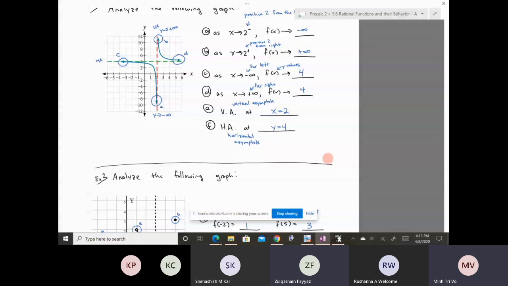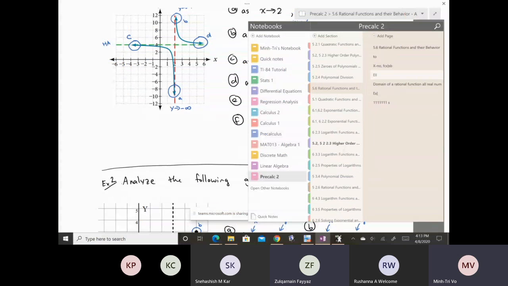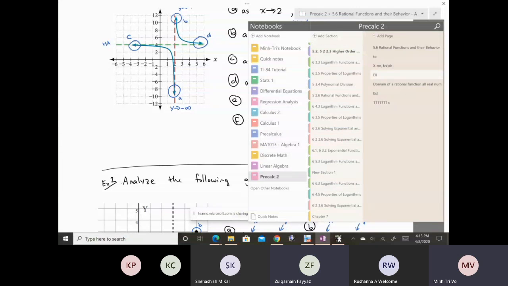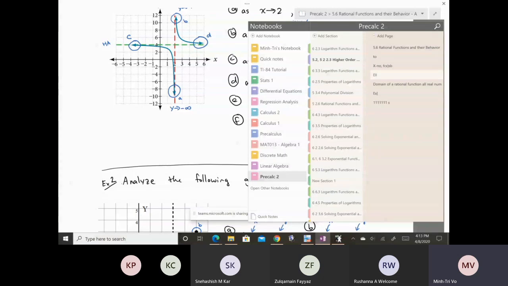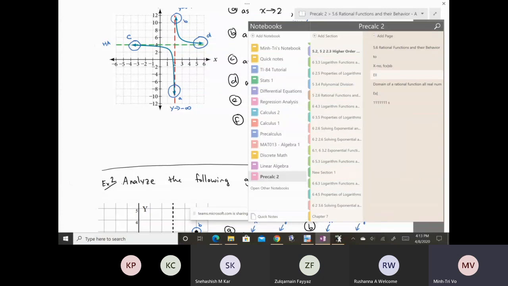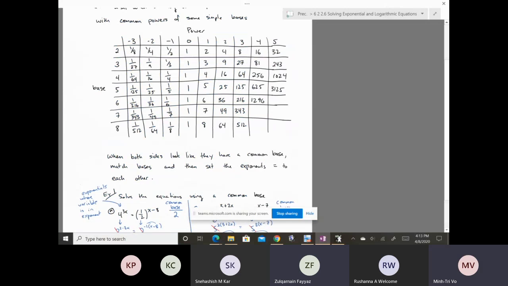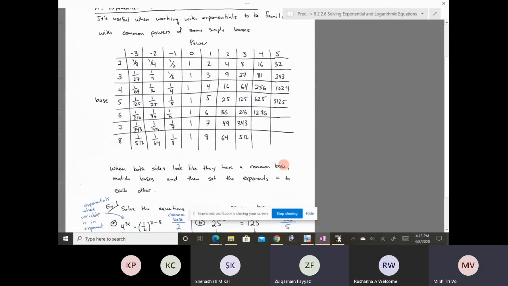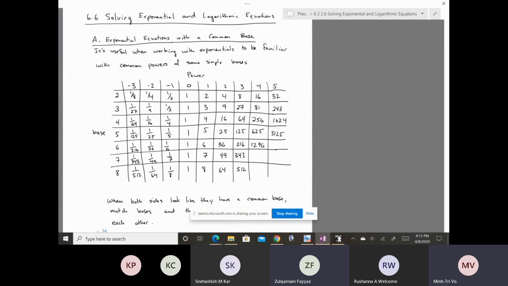Oh, the first table, yeah. Yeah, it'll be given in the test, so you can have it in front of you. Okay. If you need the table, you can use the table.